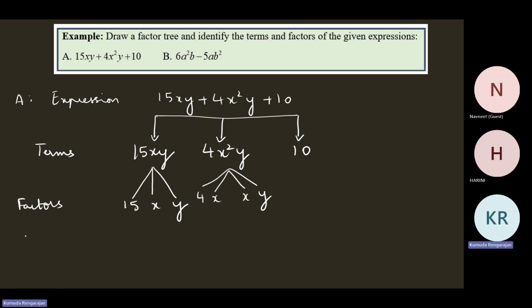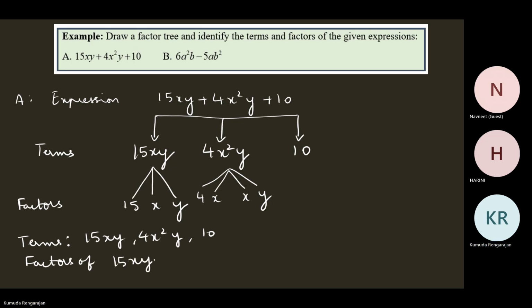So terms: 15xy, 4x square y, 10. Factors you must write for everything separately. Factors of 15xy: 15, x and y.